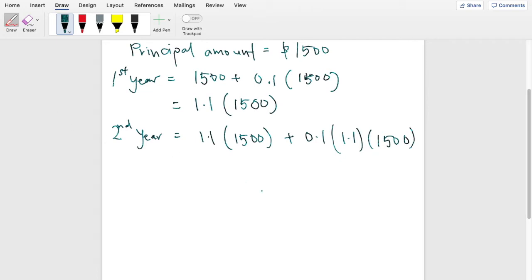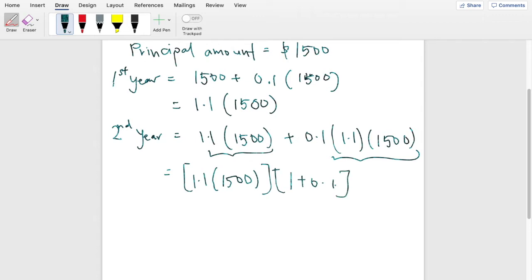Maybe we can simplify this a little. Let's factorize out this 1.1 times 1500. What we have left is 1 plus 0.1, right? There's 1 unit here, so after we factorize out, what we have left is 1 plus 1.1.